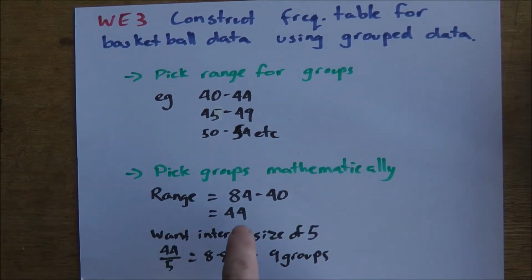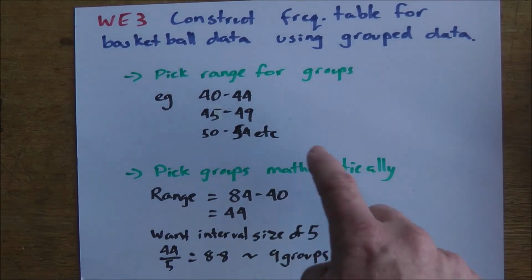Let's have a look at our range. 84 was our biggest number on there, 40 was our smallest, so we've got a range of 44. If we want an interval size of about 5, 44 divided by 5 equals 8.8. Round that off, so that means we'll end up with about 9 groups. I'm doing the same thing in both of these.